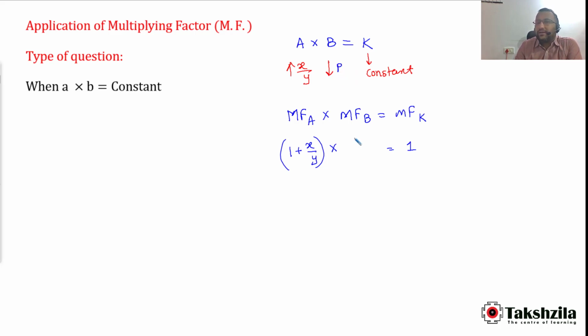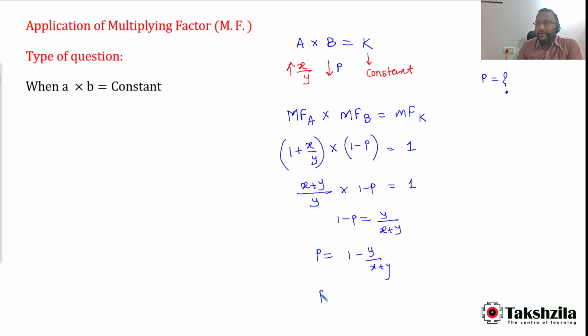So the multiplying factor for b becomes 1 minus p. We need to find the value of p. So this is equal to (x plus y) divided by y into (1 minus p) is equal to 1. So the value of 1 minus p is equal to y divided by x plus y. The value of p is equal to 1 minus y divided by x plus y.